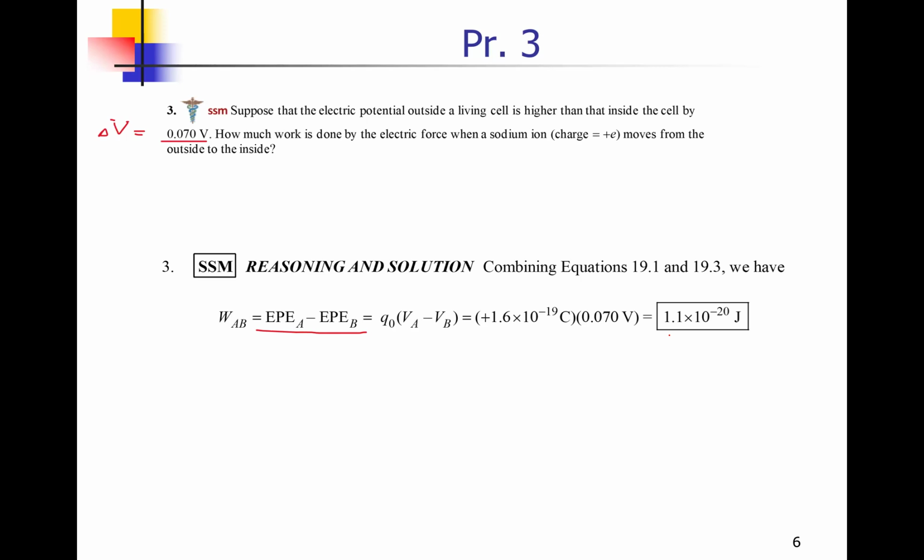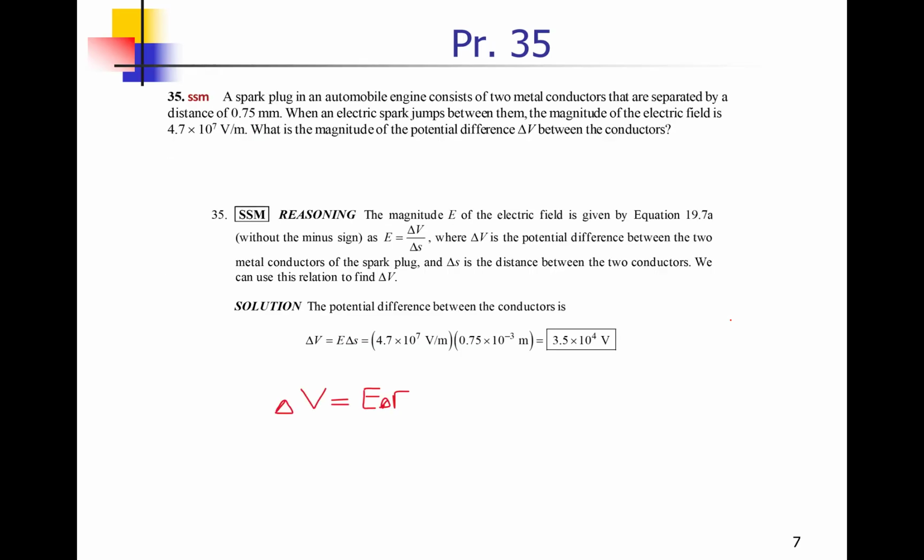Problem number 3 is very simple. You have your delta V, so your energy will be equal to Q times delta V, which is 1.1 times 10 to the power negative 20. Also delta V will be equal to E delta S, and you are going to get 3.5 times 10 to the power 4.